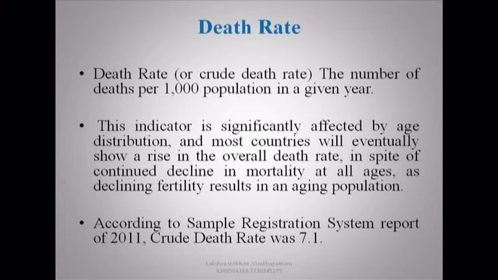This indicator is significantly affected by age distribution, and most countries will eventually show a rise in the overall death rate, in spite of continued decline in mortality at all ages, as declining fertility results in an aging population. According to Sample Registration System report of 2011, crude death rate was 7.1.